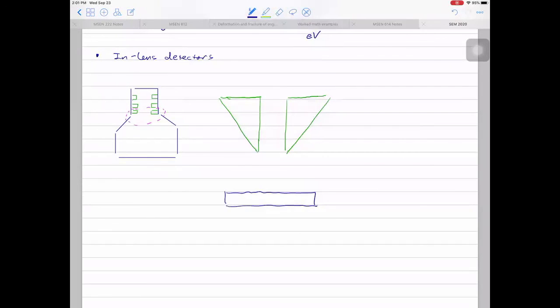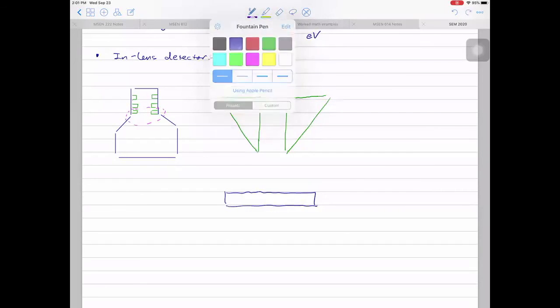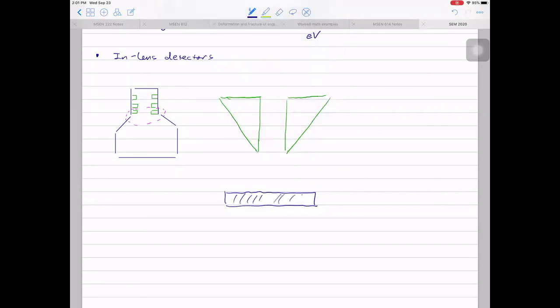In the regular SEM, the BSE detector will be inserted here. That's a regular BSE detector. But the in-lens detector is not a regular BSE detector. So this is the sample. The in-lens detectors are equipped here within the lens.